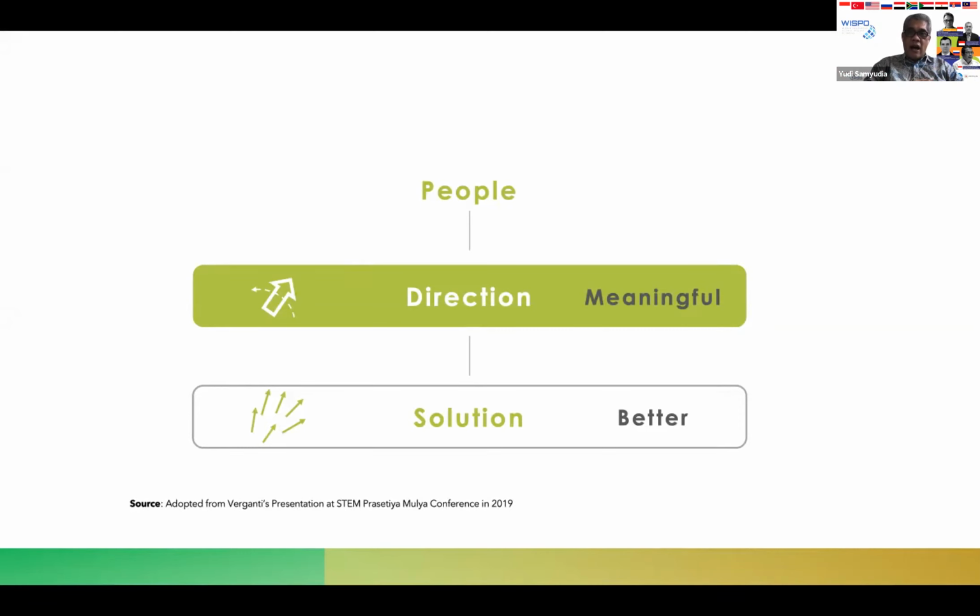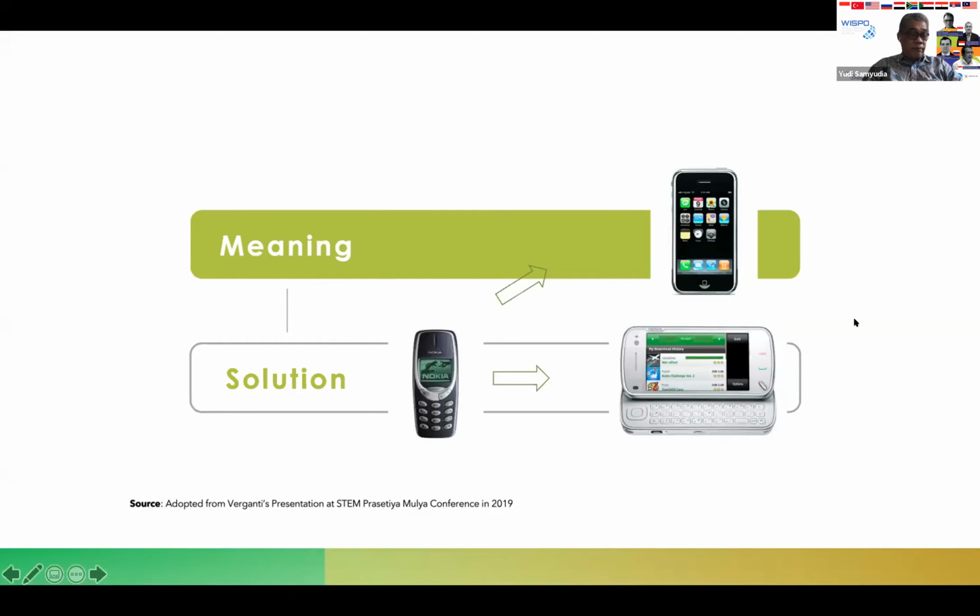Let me give you an example of this. What is the difference between design-driven innovation and market-driven innovation? Probably all of you know Nokia, and also know the products created by Nokia at that time to make things better.